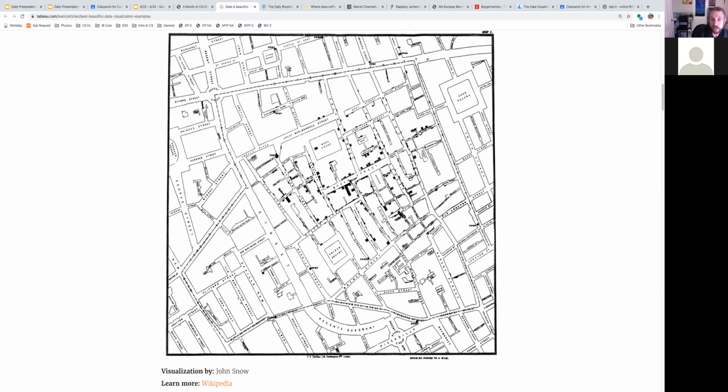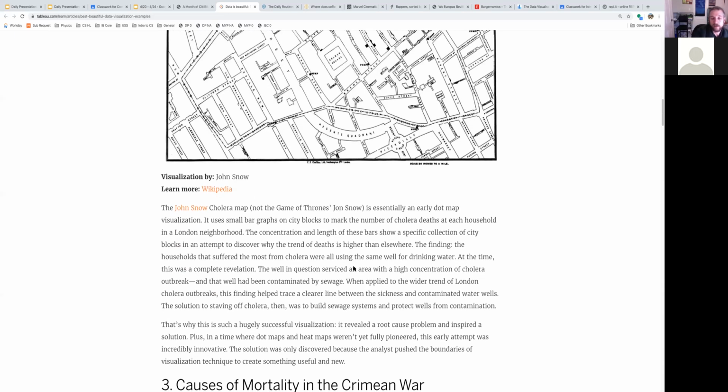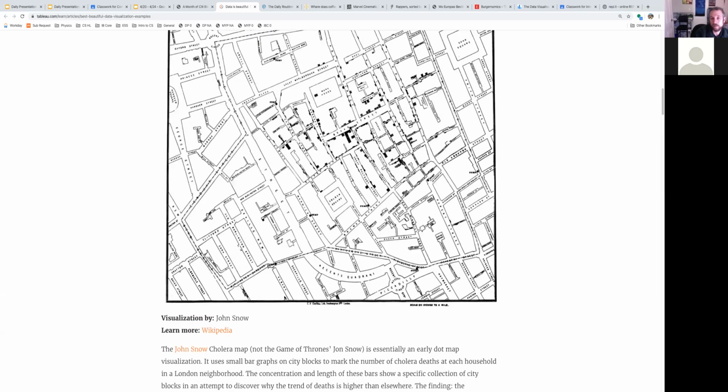Because there's a pump over here, but there's very few cases in this area. And there's another pump over here, there's no cases in this area. So what ended up happening is that that well was contaminated, and they came up with a solution, and they were able to fix the problem.